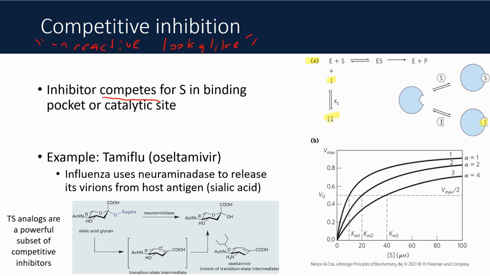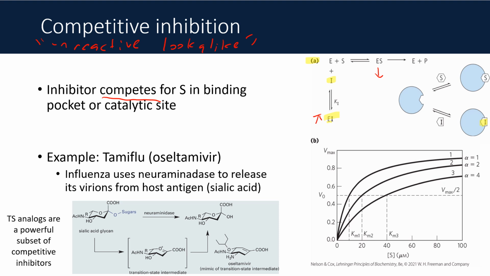It takes the place of the intended substrate. Adding in this inhibitor is going to increase the concentration of EI at the expense of our reacting ES, enzyme substrate complex.